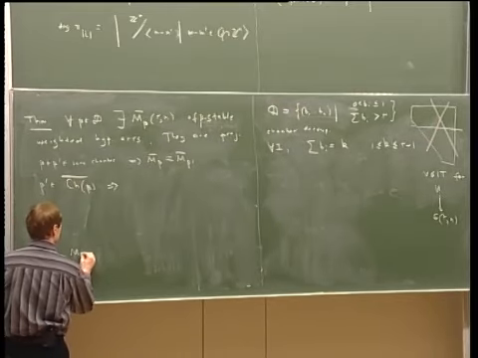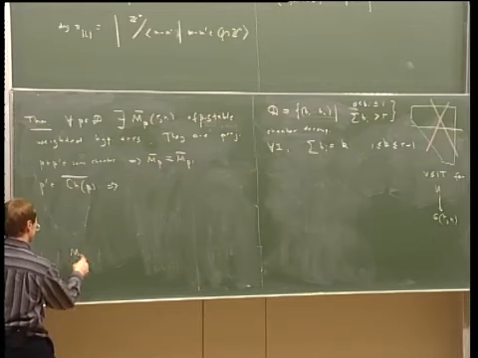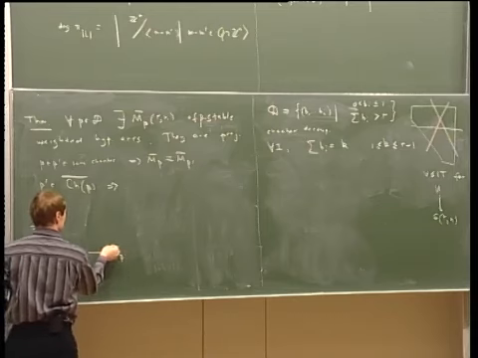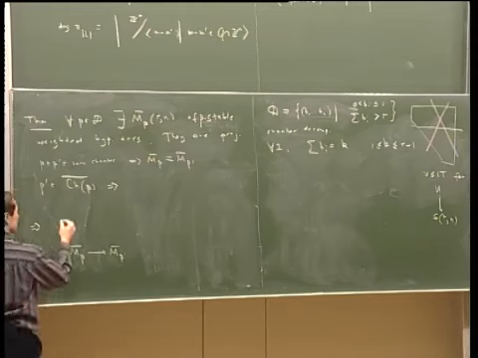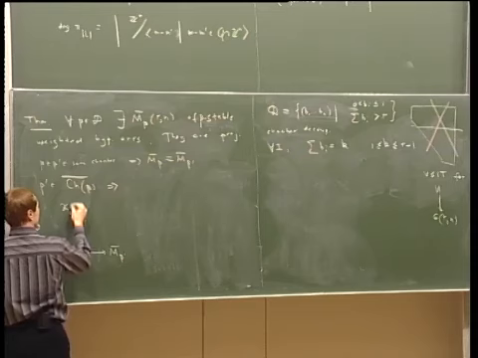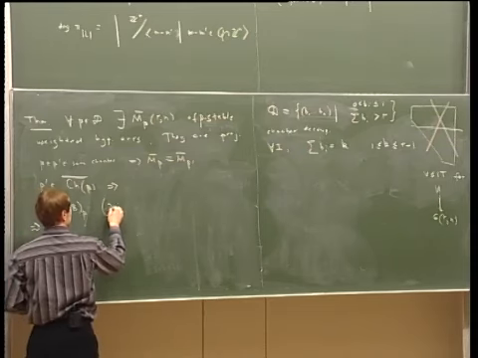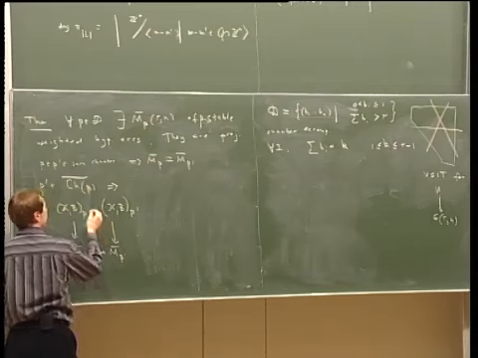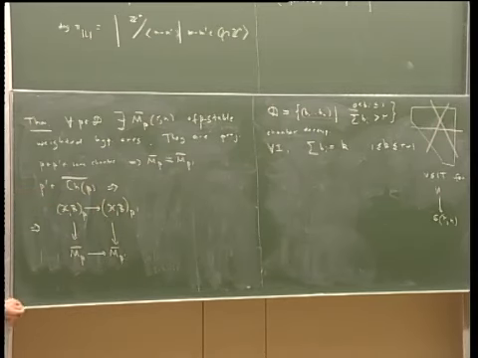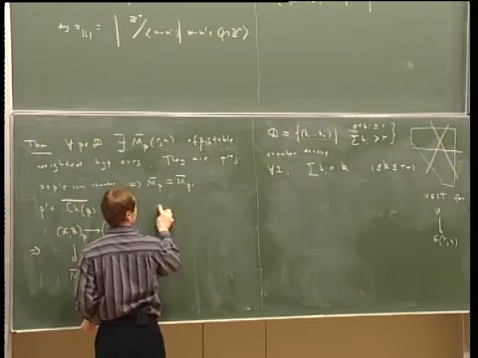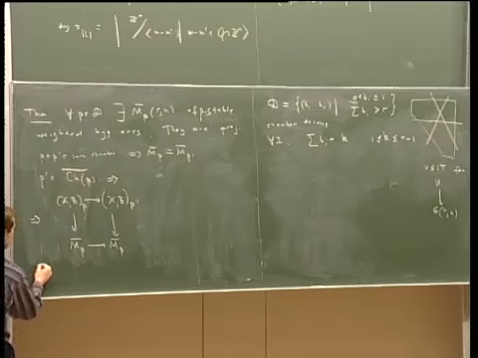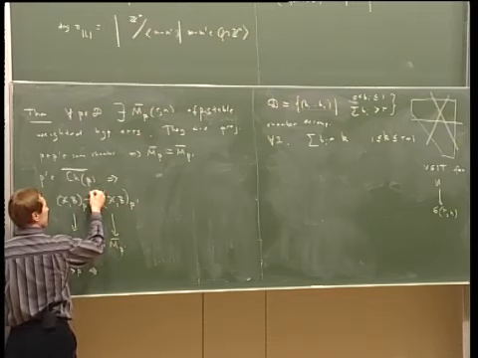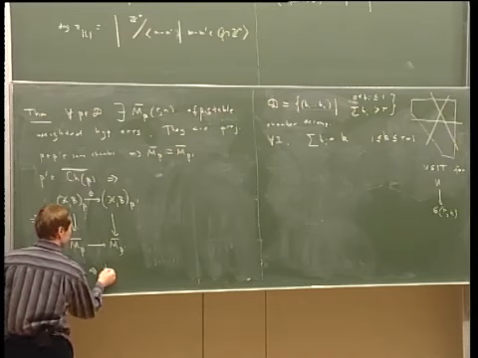So you have, okay, I'll just split it into two statements. You have a map on the moduli spaces and the map on the universal families. And if beta prime is bigger than beta, then this map, let's call it phi, is birational.